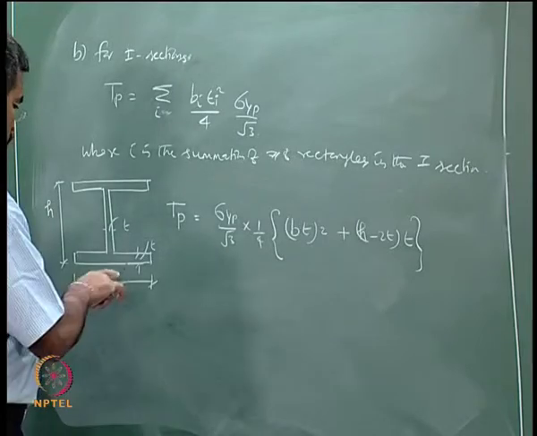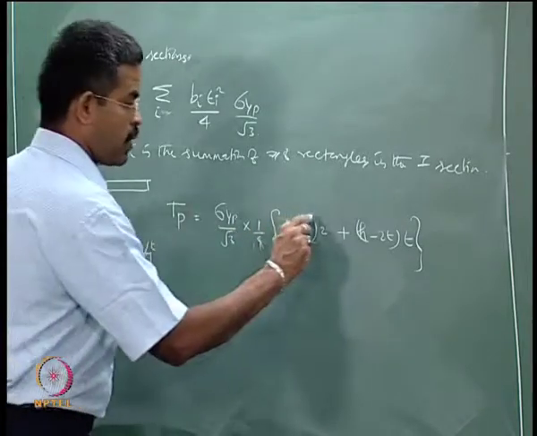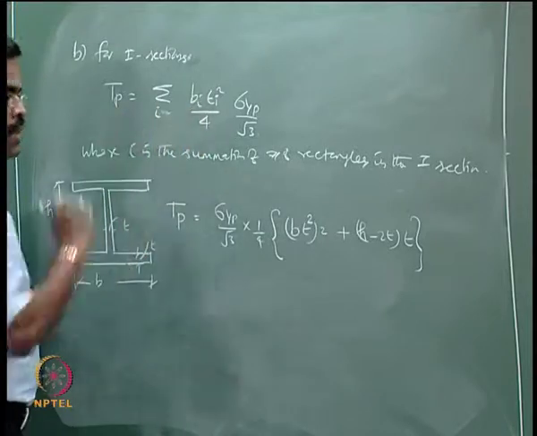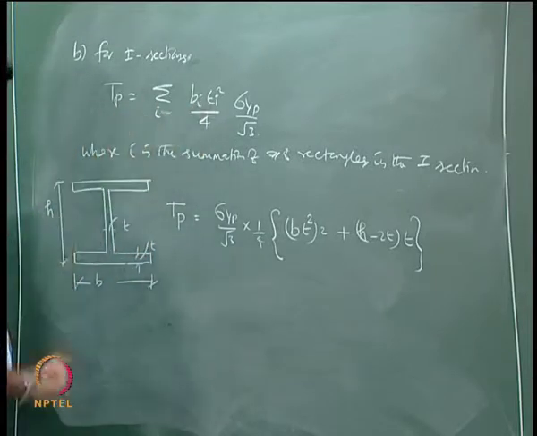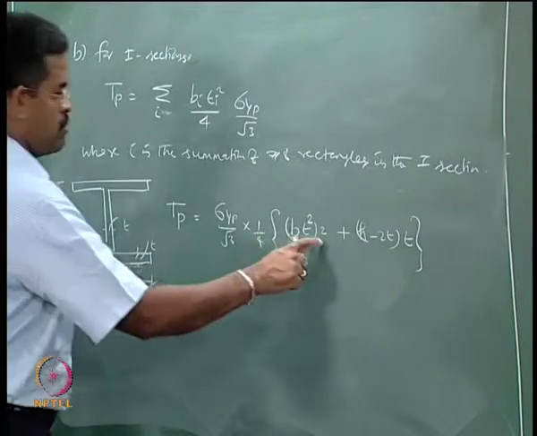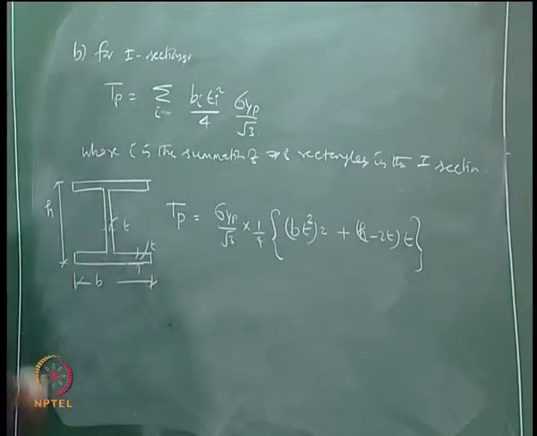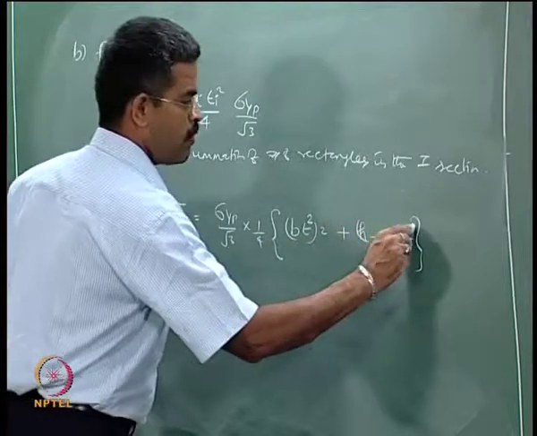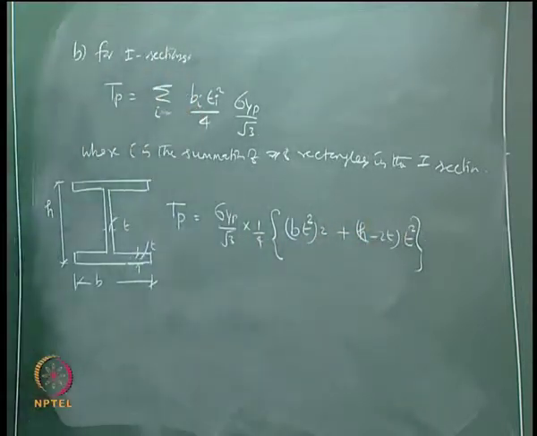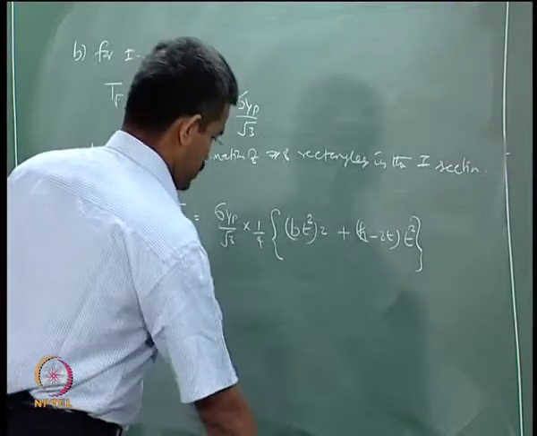Let us say Bt square of 2, because there are 2 elements here, and this is H minus 2T of T square. Is that okay? This will give me the torsion capacity directly. This is for open sections. Let us talk now about closed sections.